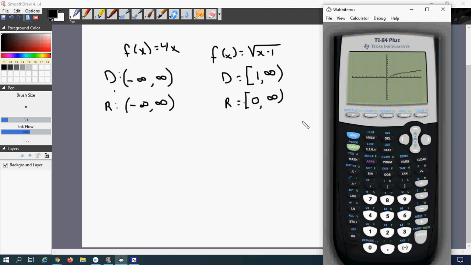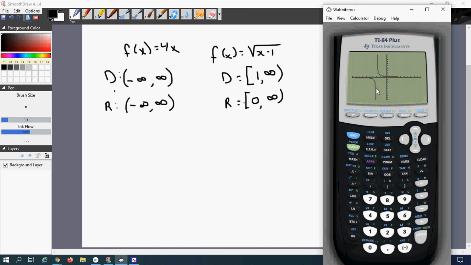Okay, the next graph we'll do, we go into our calculator, and we'll do 1 divided by the parentheses of x plus 3, right? And that's closed. And then if I graph that, it does this. So it looks like it's all the points except for the -3.